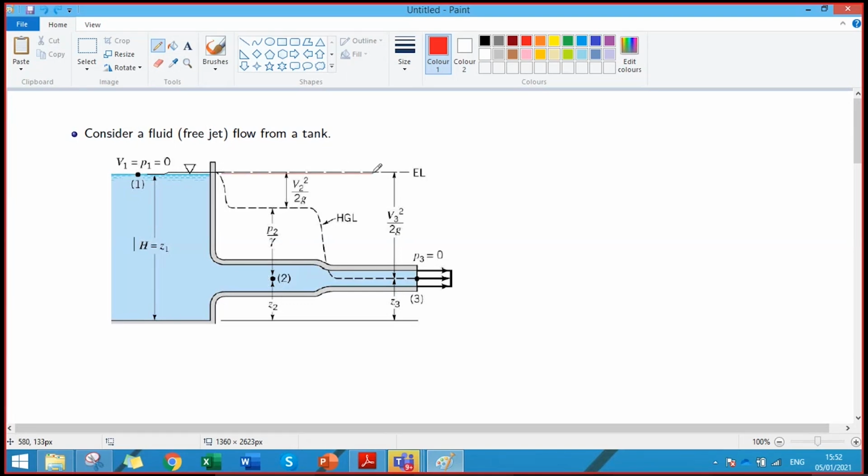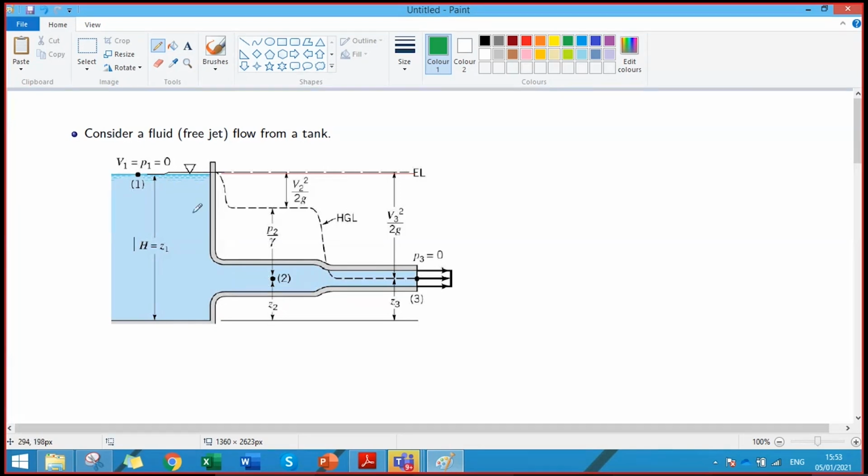This red line. So from point 1 to this point, we'll have a horizontal energy grade line. What about the hydraulic grade line? We reach this point and we see that certainly there will be a flow, and that flow is coming at the expense of the change in the area, because the area is suddenly decreased, so there will be a velocity increase, and that velocity increase is coming at the expense of the static pressure.